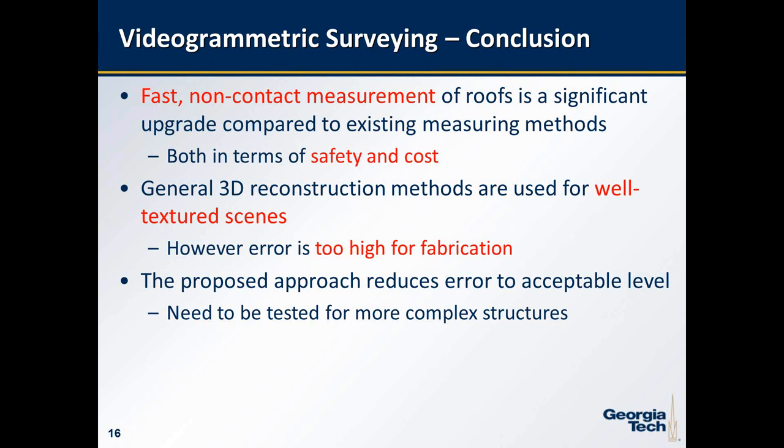As future steps, it needs to be tested on more complex structures in order to completely prove and validate the usability of this method in the different kinds of structures that we may deal with. So this way I conclude my presentation, and we'll switch to Mr. Wilkins in order to present the digital fabrication of roof panels.